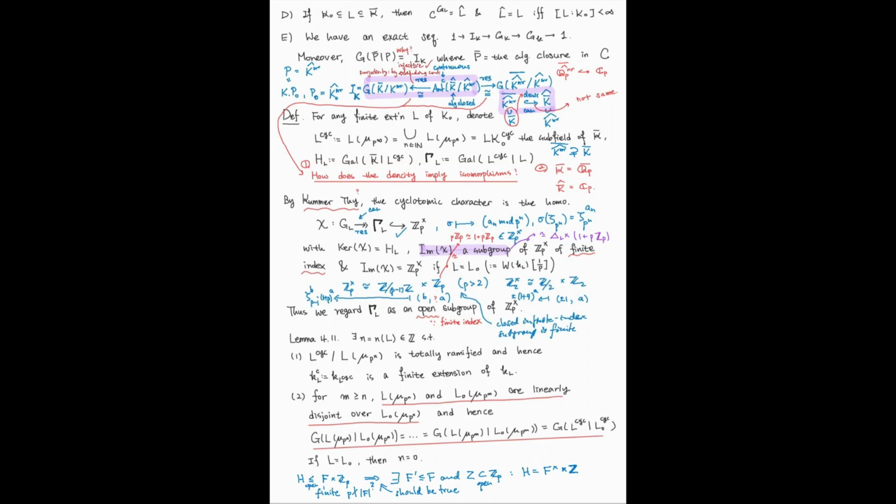And we have, in fact, the exact sequence like this, with the inertia subgroup, the absolute Galois group, and the Galois group of the residue field. This exact sequence. But I'm wondering why G_P bar over P is equal to I_K.